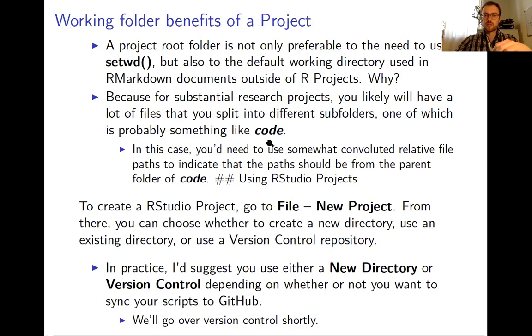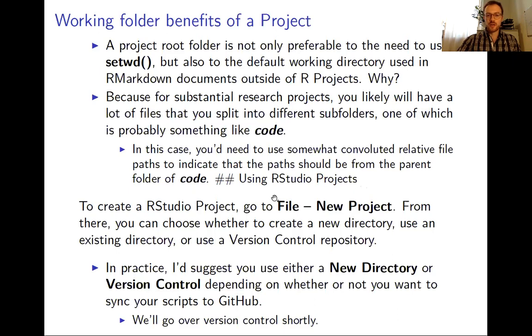For example, let's say we're working from the subfolder code. Using a relative file path would then just mean go back to the root folder and from there go into the data if we want to, for example, read a data set. Instead, if we don't have that, we would always have to specify the absolute file path from the user folder all the way to the data folder where our data is located.